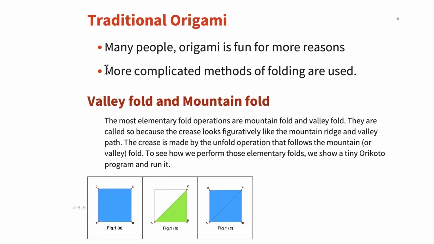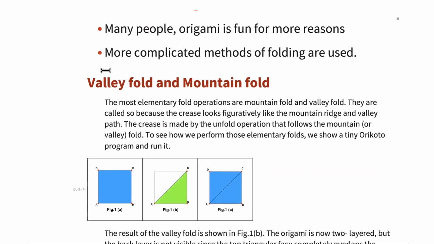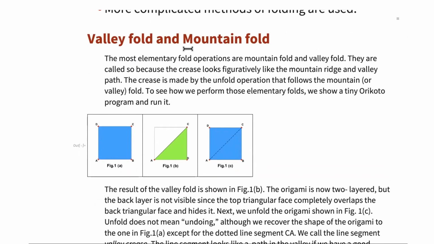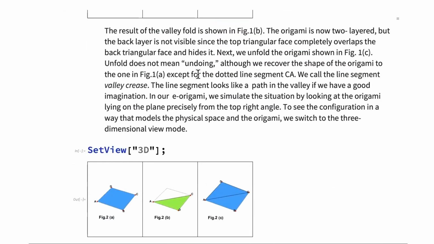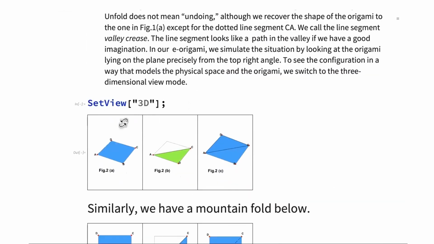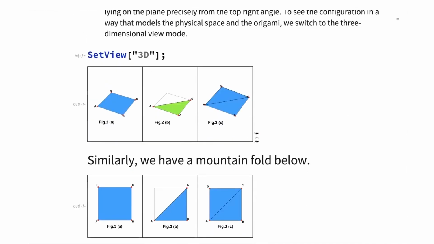Traditional origami has a lot more material in it. The base is very simple. You have a valley fold and a mountain fold. The reason it is called mountain and valley is, if you look at this, quite obvious. If you make a fold like this, then this line looks like the path in a valley. And if you do the opposite fold, then this becomes a mountain ridge.